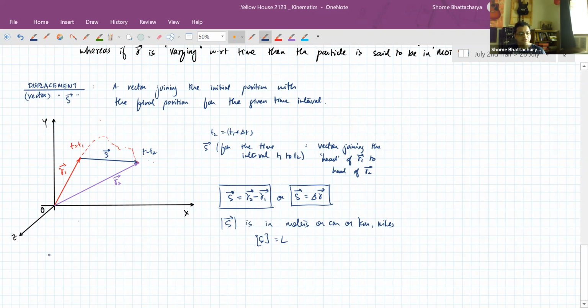So one thing you can straight away understand is that the displacement vector is independent of the path, which you can understand from the diagram. The dotted curve represents the path of the particle, and the displacement may not have anything to do with it. It's directly the line joining the initial with the final position.